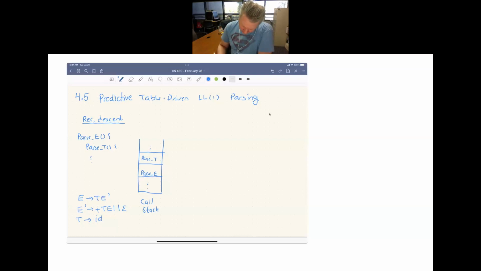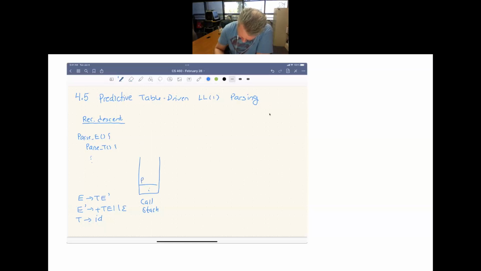Now, when parsing an E here, if we fill in, we get something like that. Well, actually, we probably don't. Let me redo that. Your call stack would look something like this.